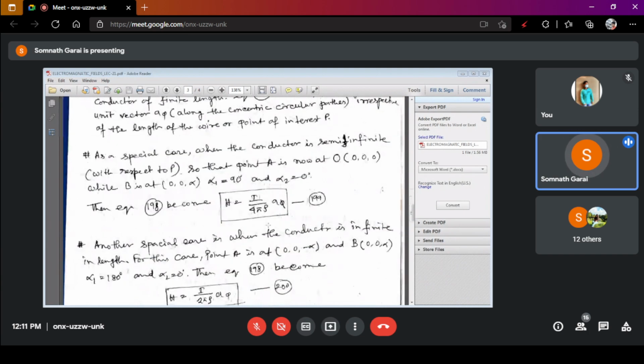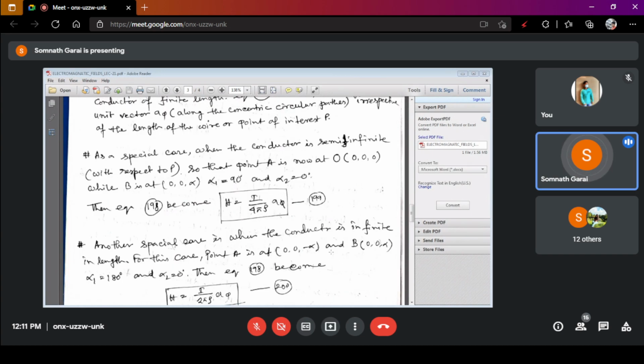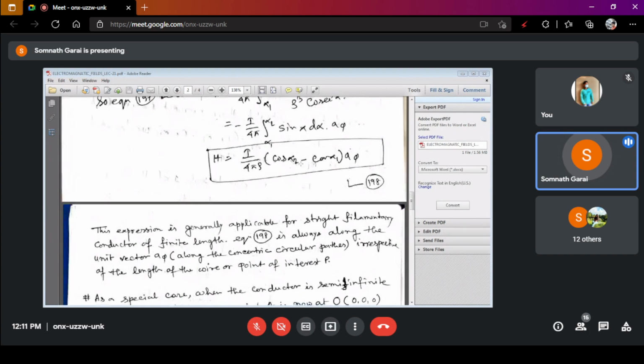Then the angle alpha 1 becomes 180 degrees and alpha 2 becomes 0 degrees. If we place alpha 2 and alpha 1 in the main equation, H is equal to I by 4 pi rho times cos alpha 2 minus cos alpha 1.